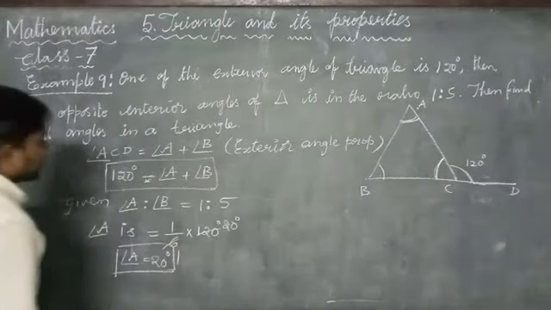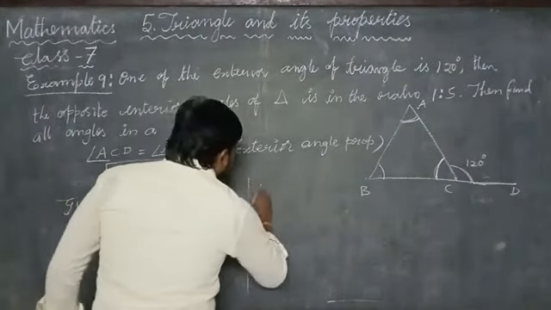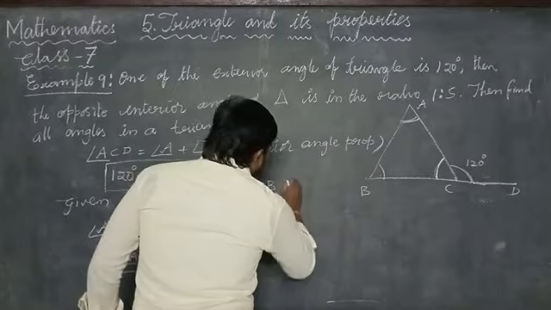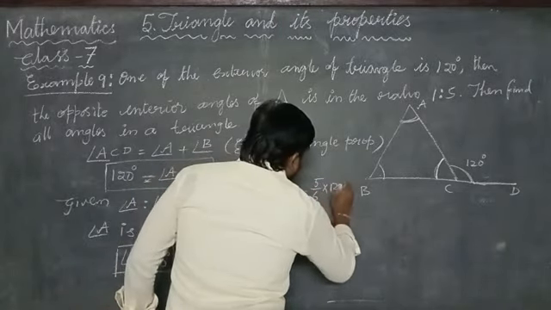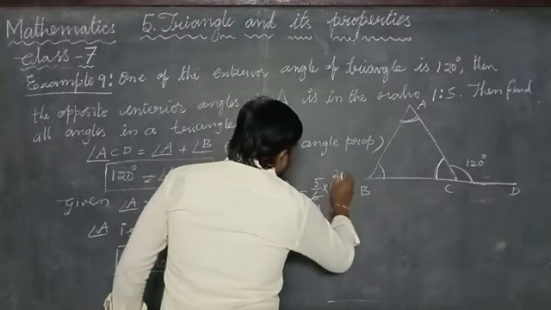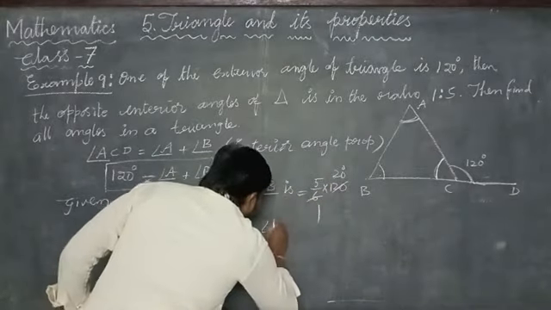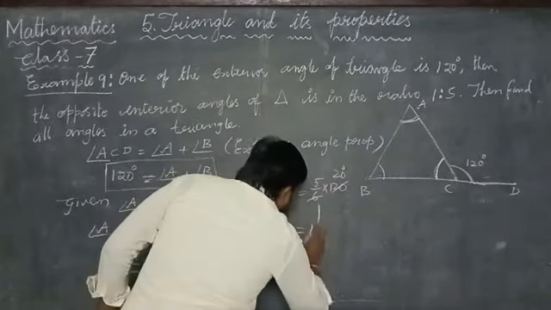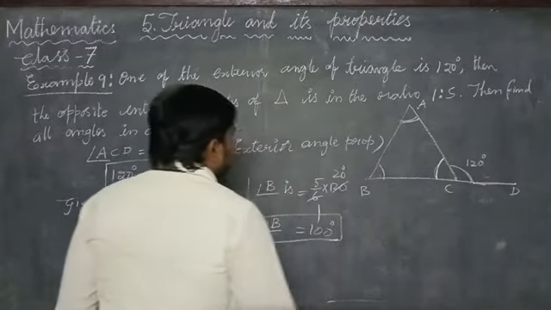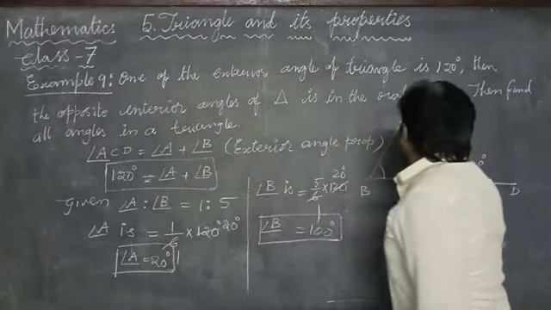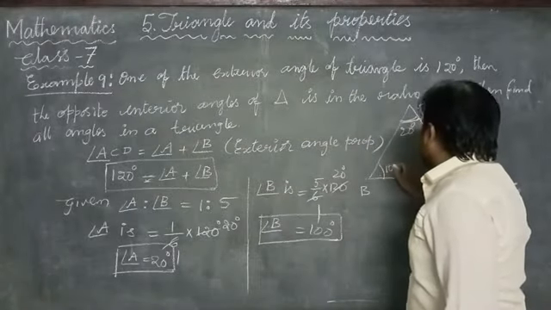And now let us see the angle B. Angle B is 5/6 into 120 degrees. Here 6 ones are 6, 6 twenties are 120. Okay, from that angle B equals 5 twenties equals 100 degrees. From that angle B is 100 degrees. Here angle A is 20 degrees and angle B is 100 degrees.